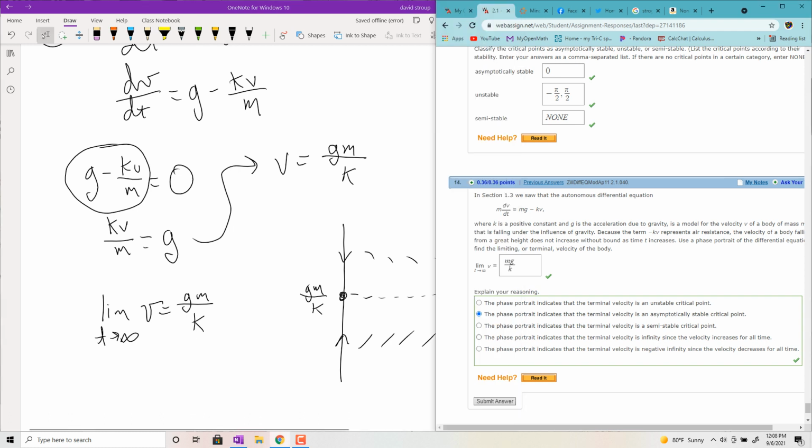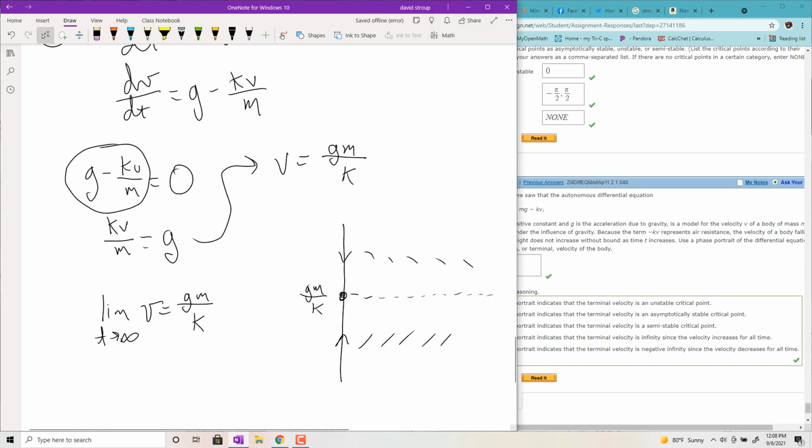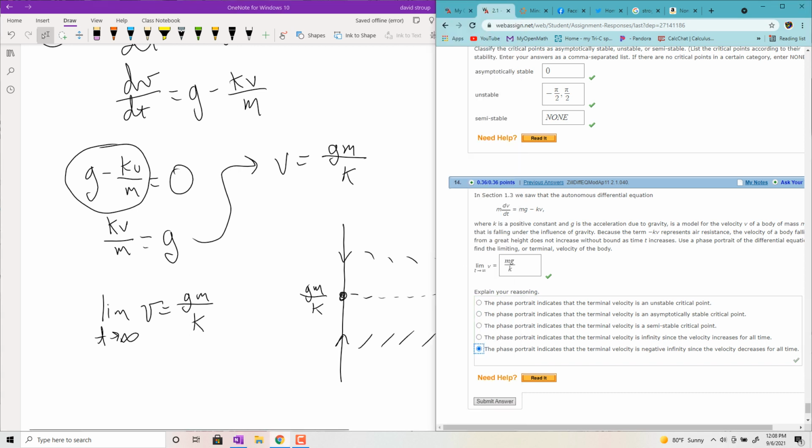And what kind of point that is is the second question. And of course, that's a stable point. Where's the stable? There it is. Okay, so that would be the answer. Okay, I think that'll do it.